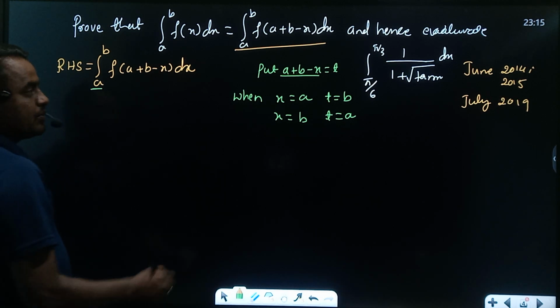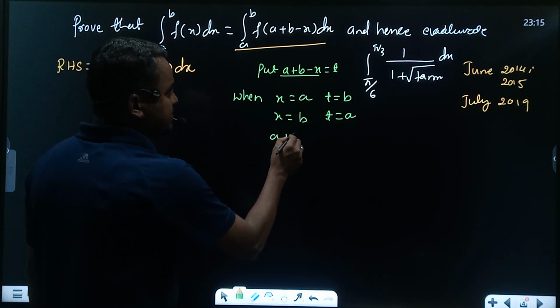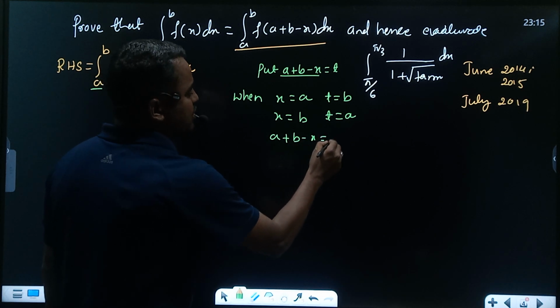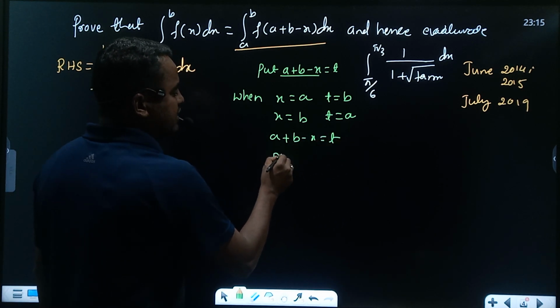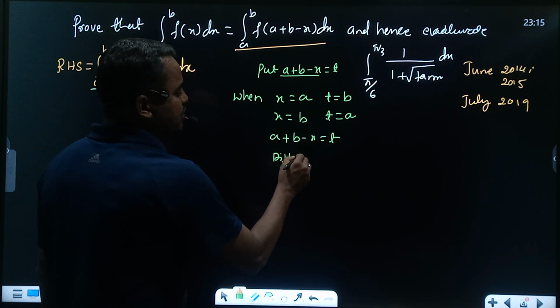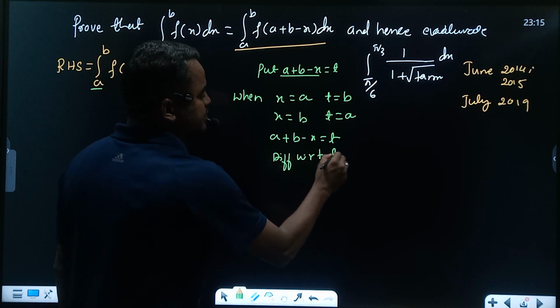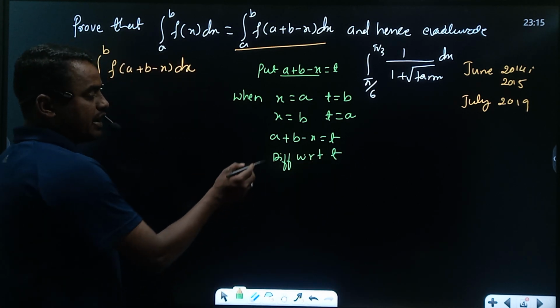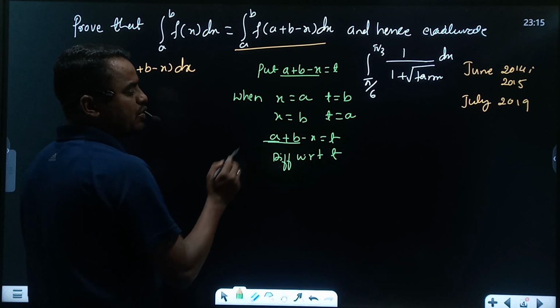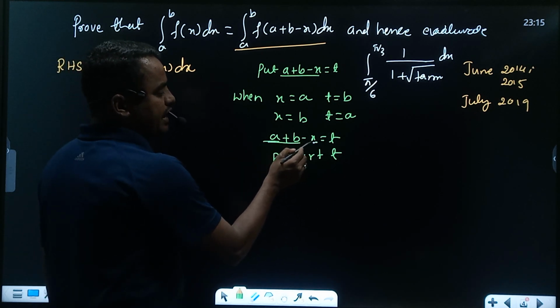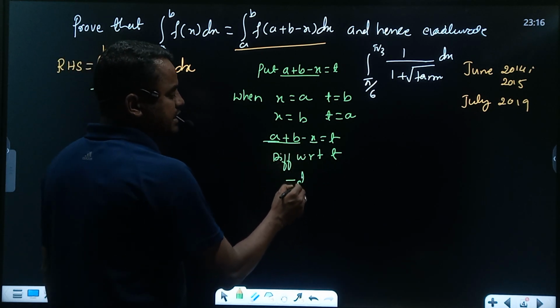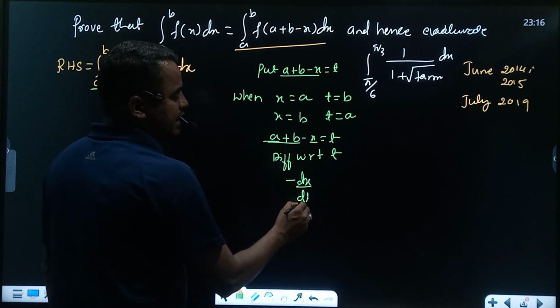Now once again write a plus b minus x is equal to t. On differentiating with respect to t, derivative of a is 0, derivative of b is 0, derivative of x with respect to t is minus dx by dt.